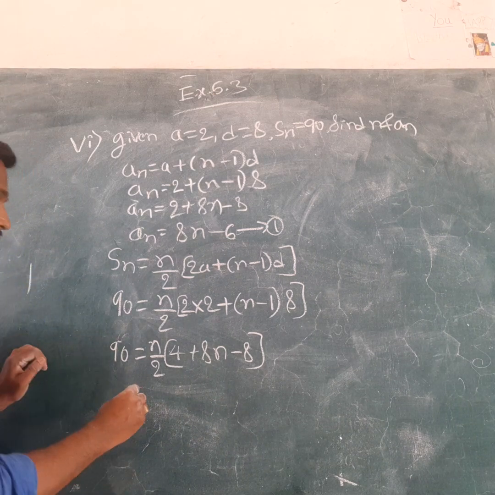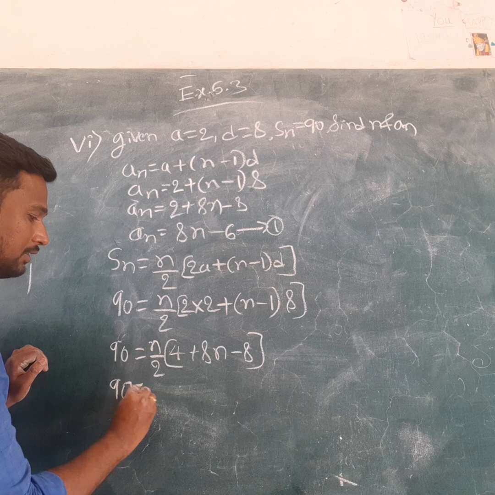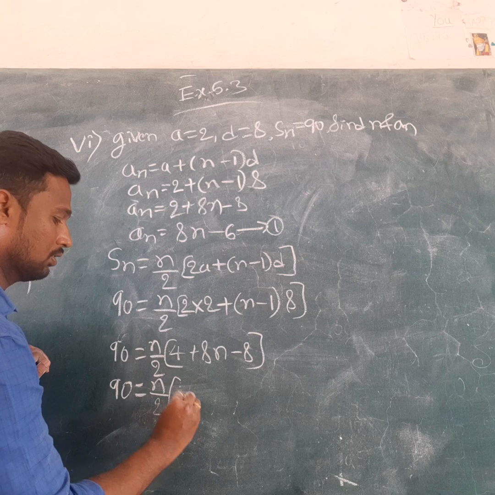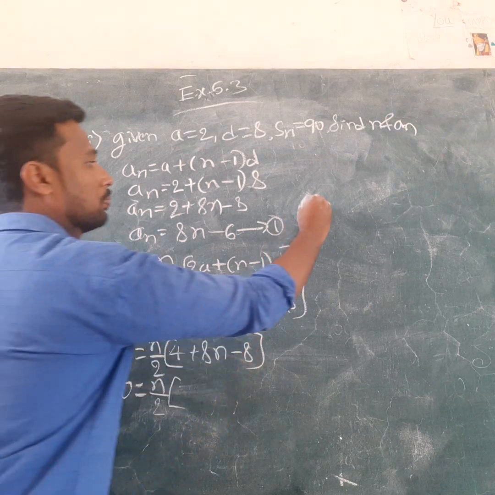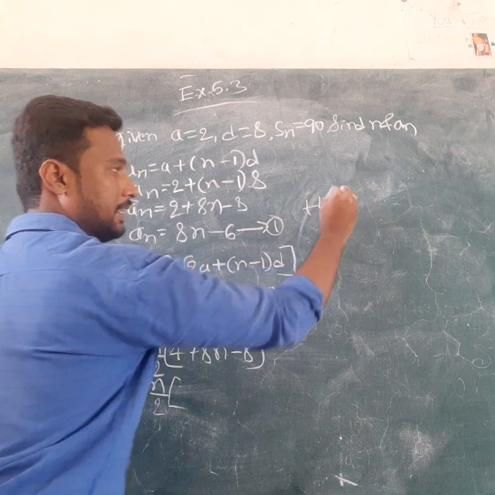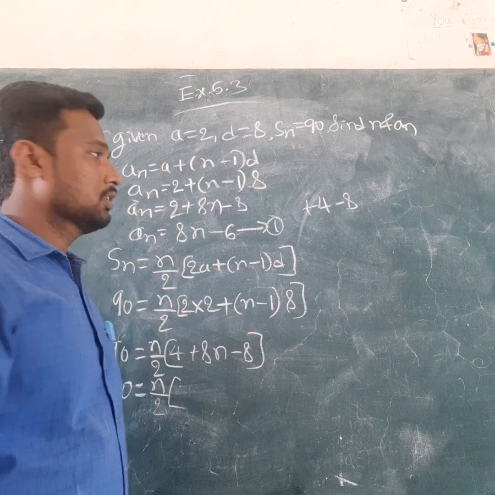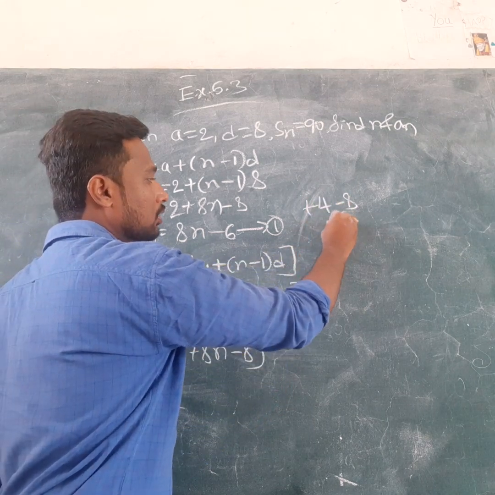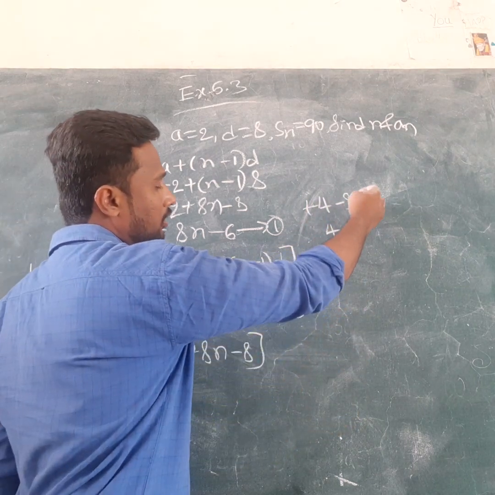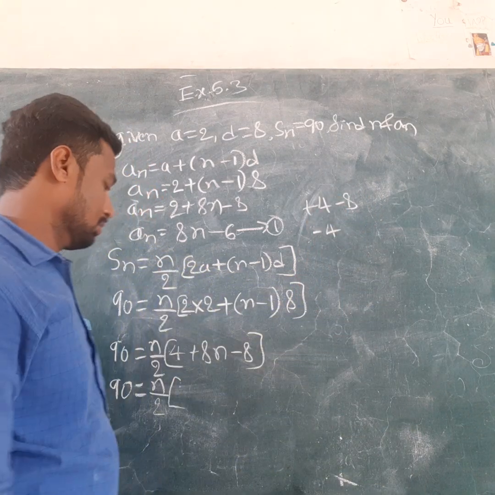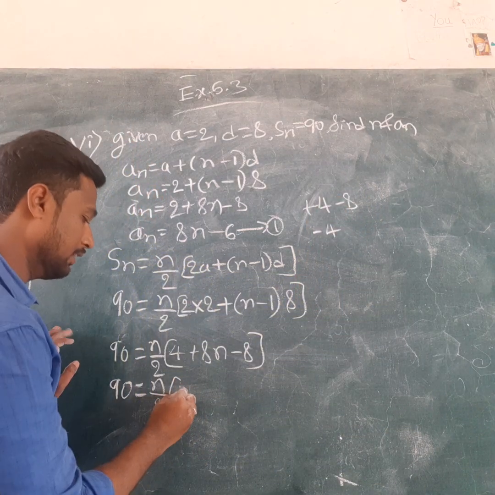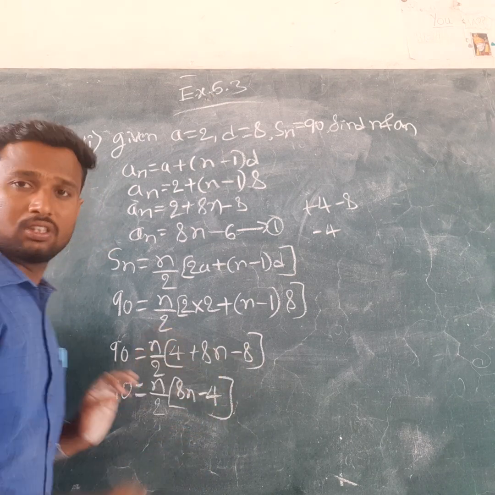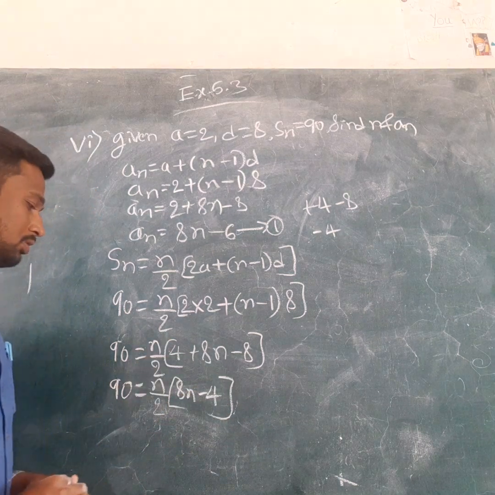Okay. So here 90 is equal to n by 2, 4 minus 8 means plus 4 minus 8. What is the answer? Plus into minus, minus we have to subtract. 8 minus 4 means 4, and the sign in front of the bigger value is minus. So minus 4. So here I will write 8n minus 4. 4 minus 8 means answer is minus 4.